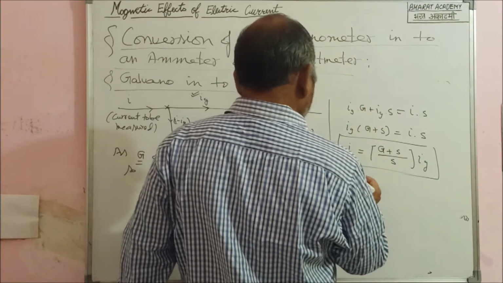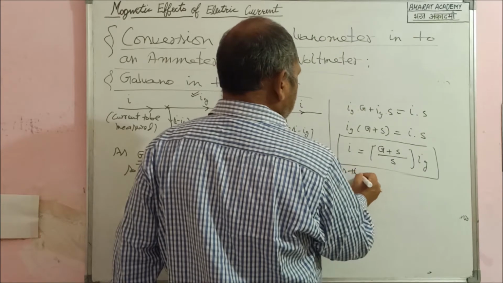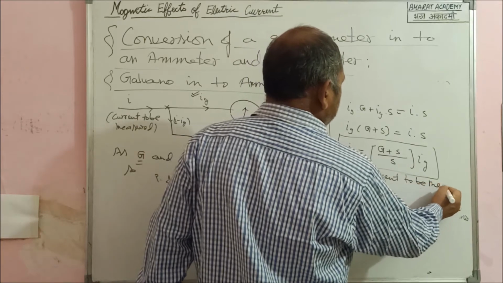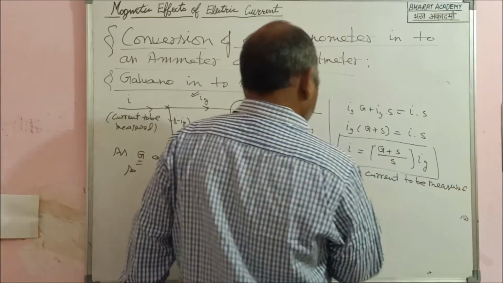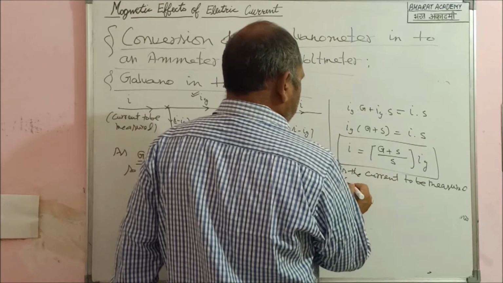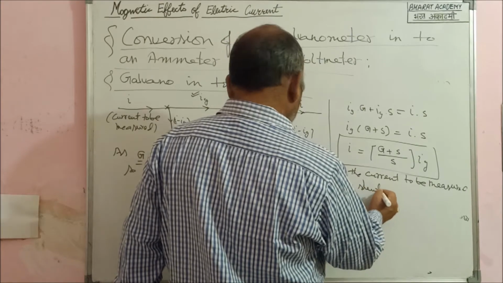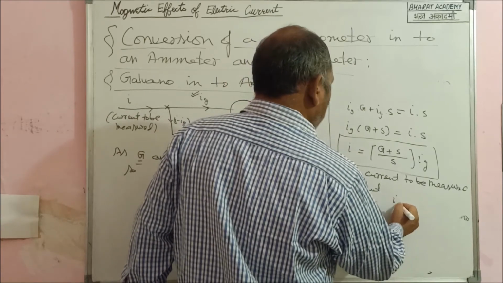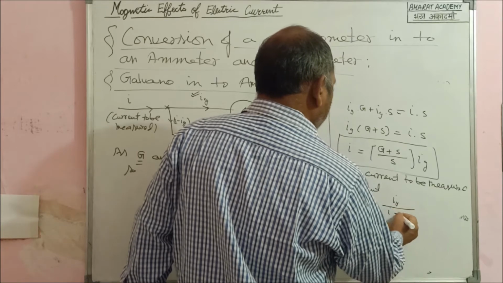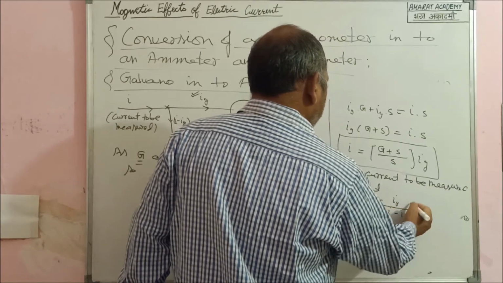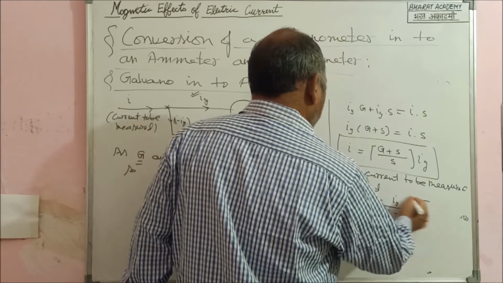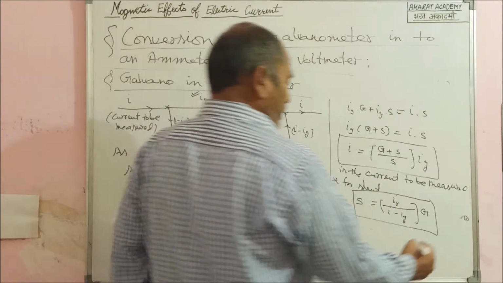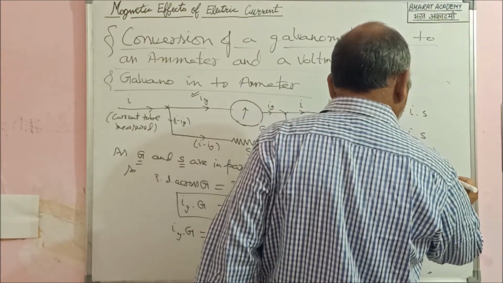What will be the value of the shunt? I is the current to be measured, right? Now for the shunt, from this equation itself, S equals Ig upon (I minus Ig) into G will give you the shunt resistance in ohm.